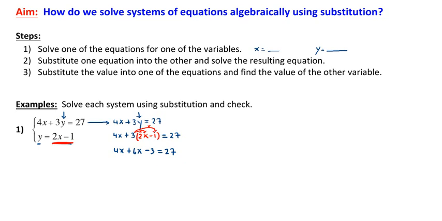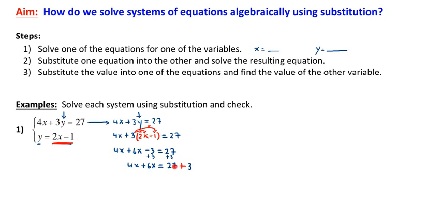So we should be adding 3 on both sides, or this one just goes to the other side by adding. So if we do that, on the left side of the equal sign is going to be left 4x plus 6x, and on the right side is going to be 27, and then the 3 is going to come adding to the other side, which is the same as adding 3 here and here.